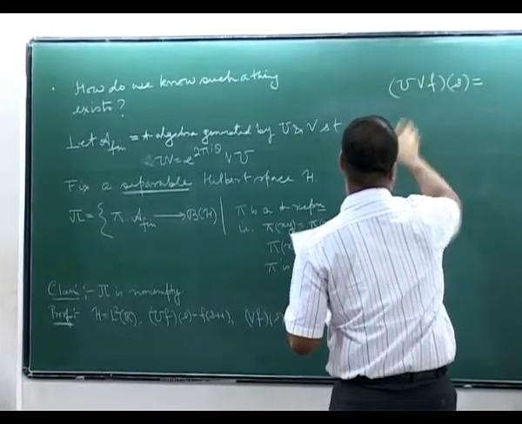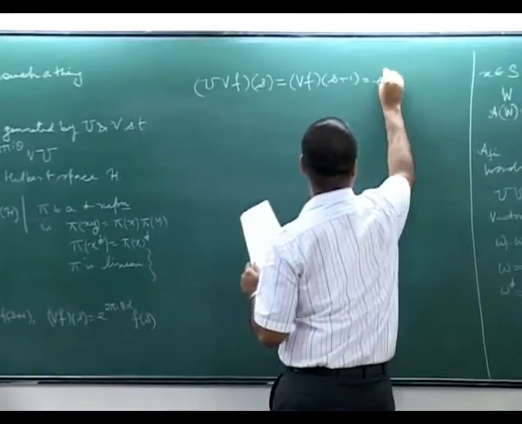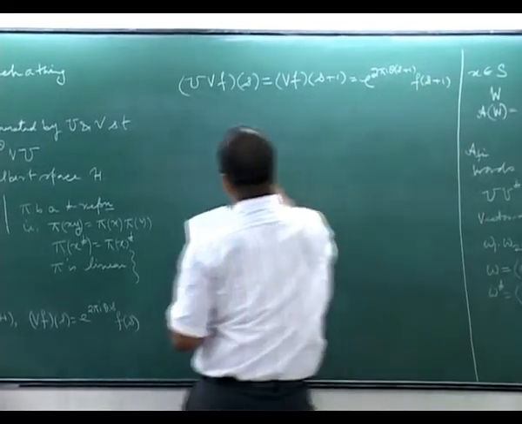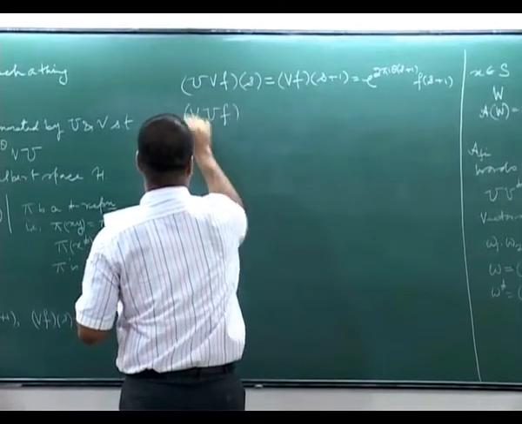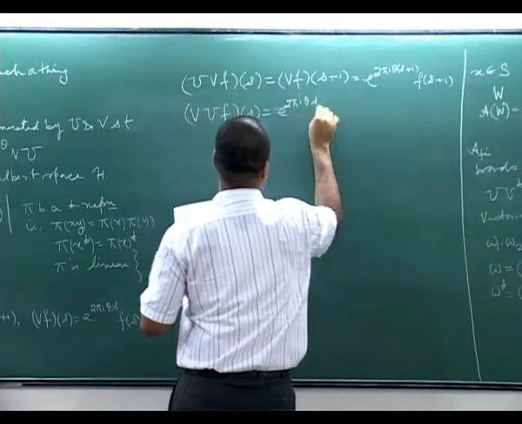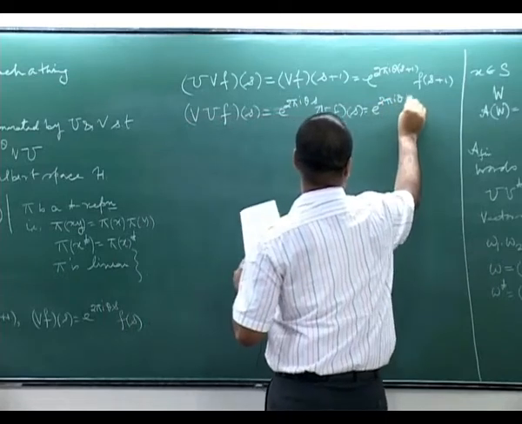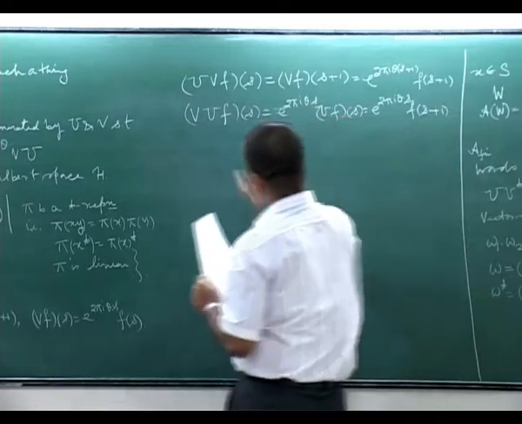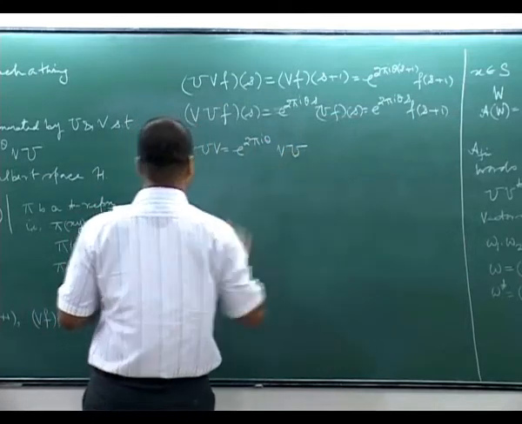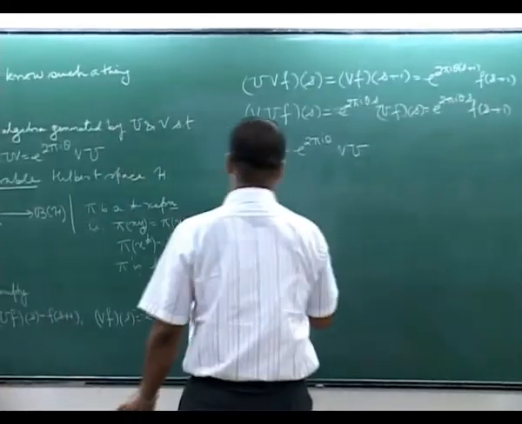This is U of Vf at s, so Vf at s plus 1, and VU f at s is like this, so these two operators satisfy this condition. And this proves that this set is non-empty.